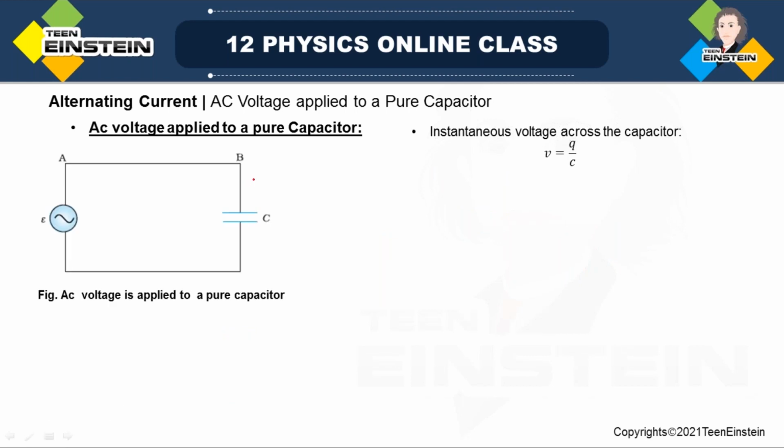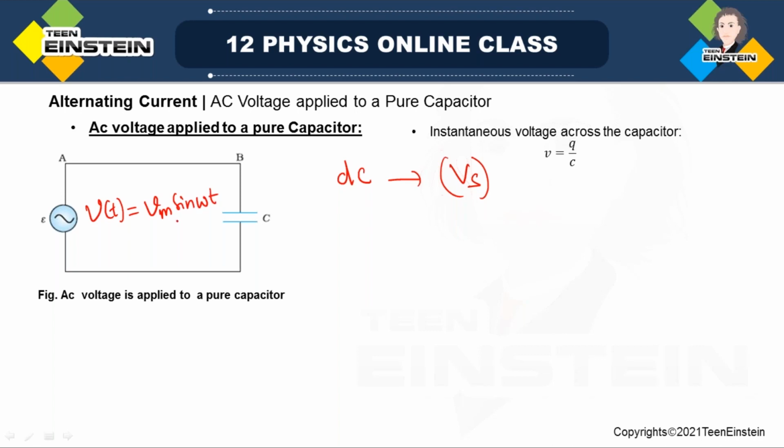If we apply AC power to a pure capacitor, what happens to the current? As you have seen, in case of DC there is always a constant voltage obtained from the power supply. But in this case the voltage is varying like this.